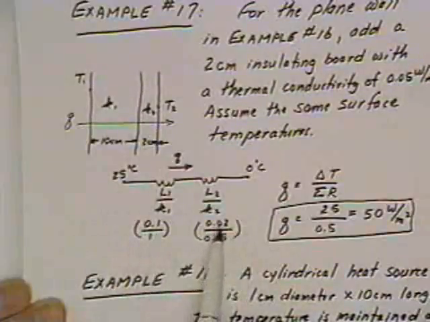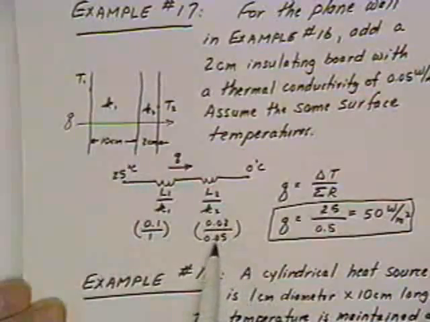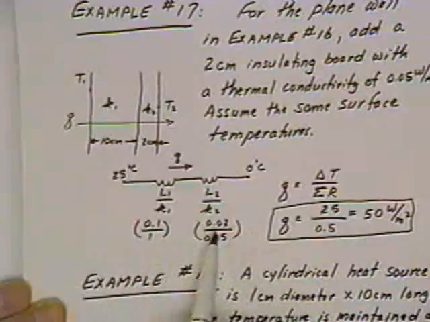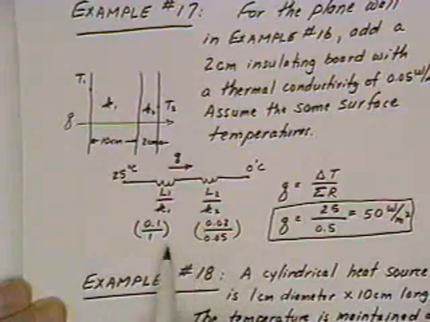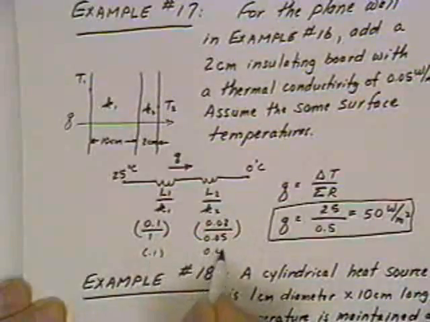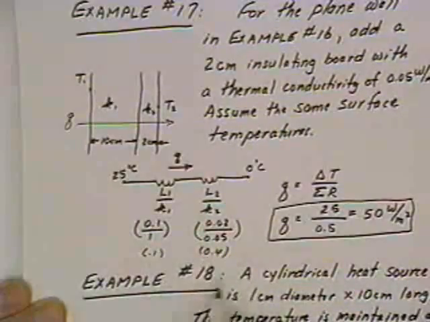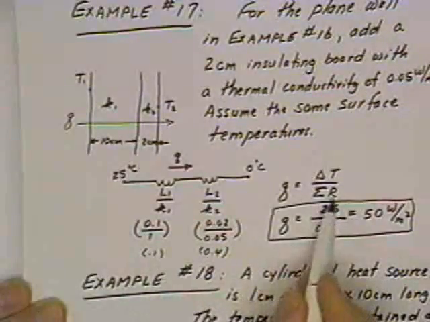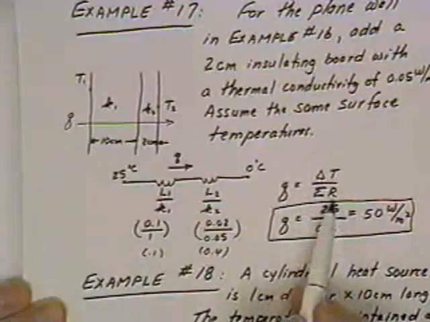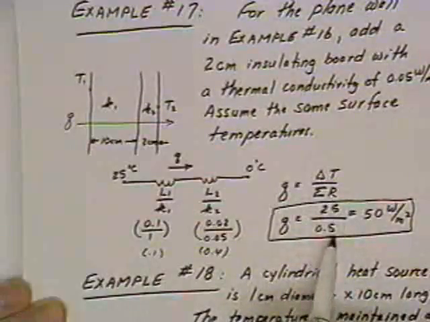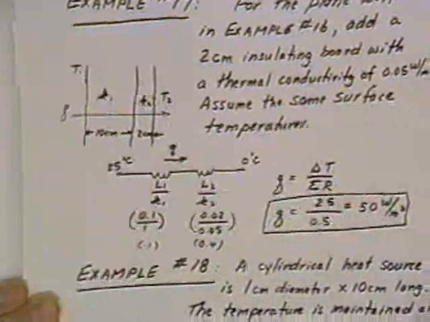And this one is 0.02 divided by 0.05, the length over the thermal conductivity of 0.05. So this turns out to be 0.1, this turns out to be 0.4, and so you sum these two resistances up, and the total resistance turns out to be 0.5. And so delta T over the sum of the R's of 0.5 gives us the heat transfer. So that's 25 divided by 0.5, which is 50.